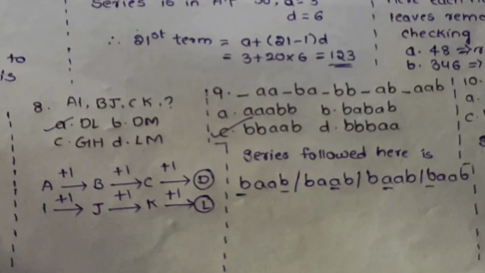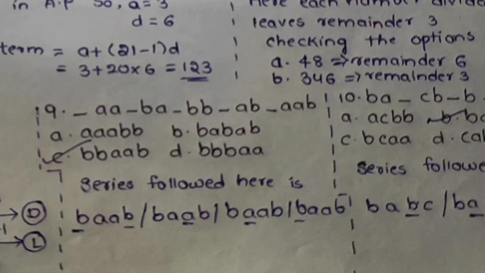Now coming to the 9th question, that is blank, A blank, BA blank, BB blank, AB blank, AAB. And the options are AAA, BB, BA, BAB, BB, AAB, BBB, AA.